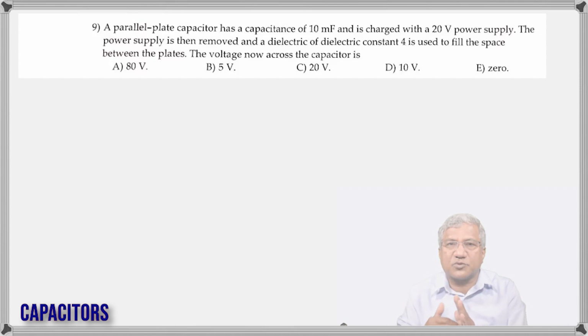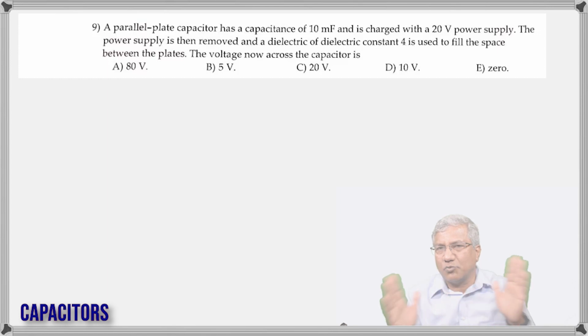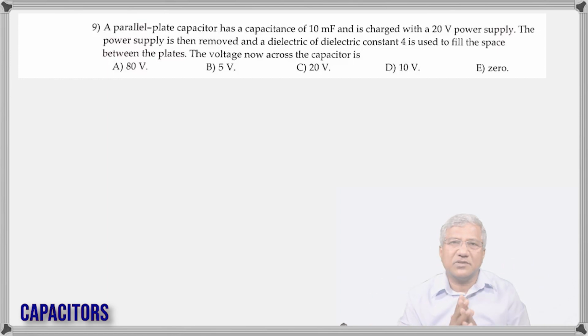Yeah, used to fill the space. So when you bring in the dielectric, the capacitance changes. Here again, the charge stays the same because it has no place to go, no connections. But when you introduce the dielectric, the capacitance has increased, which means the voltage decreases. And you're asked to find the new voltage. When we work it out, you should understand.